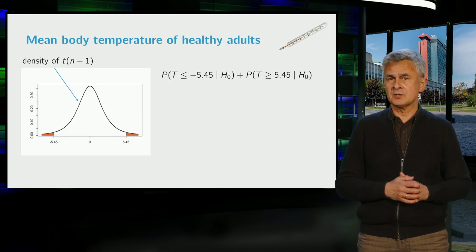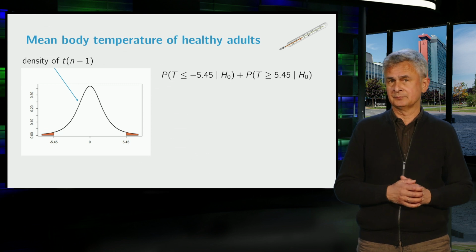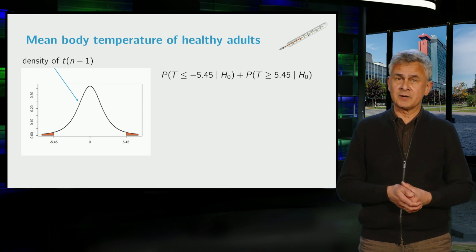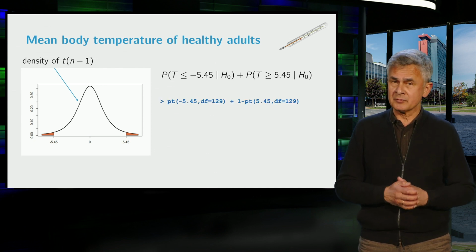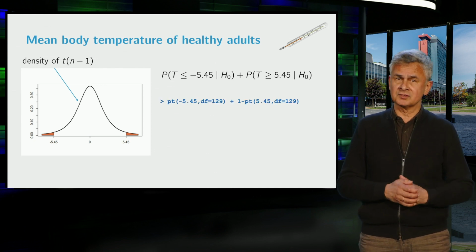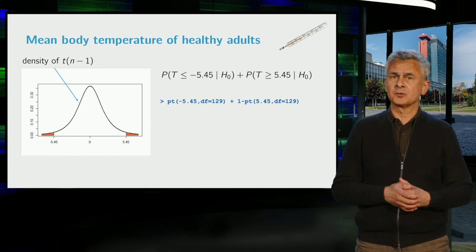The question remains, how do we compute probabilities for a t-distribution? Well, having seen the expression for its density, this will be far from trivial. However, R has a function that does this for us. The R function pt computes left-tail probabilities for the t-distribution.